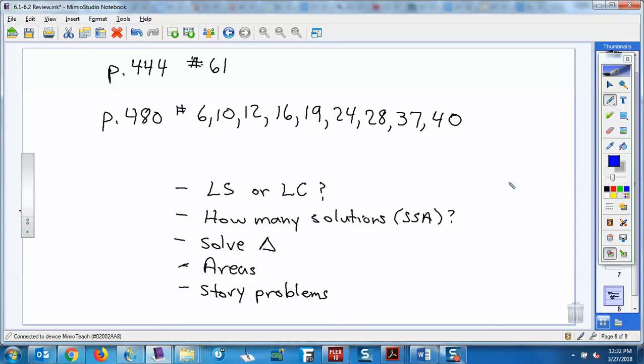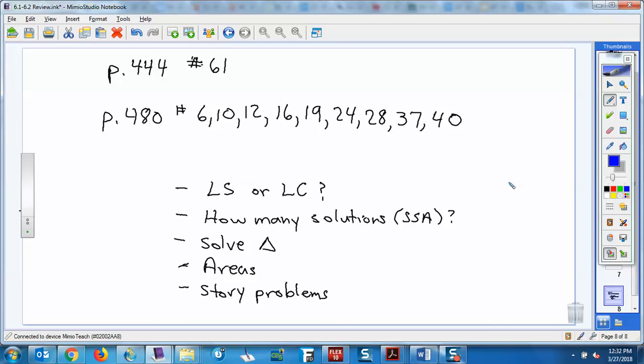But I'm not going to give you that scenario unless it was very obvious, where I gave you sides and it literally asked you, is it possible that this is a triangle? Chances are if you do the law of cosines with it, you would see that it wouldn't work, but you would know for sure that would have to do with the triangle inequality. But otherwise, if I just give you a triangle with three sides and say solve it, you can assume that's the law of cosines and you just do it.